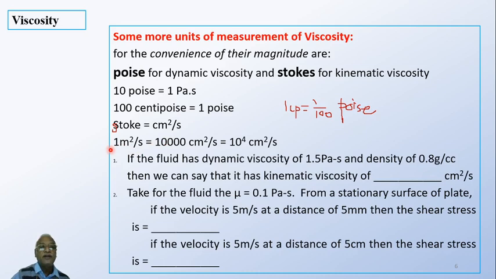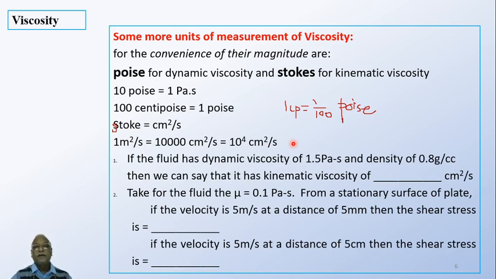So if I calculate 100 centimeters into 100 centimeters, it will be 1 into 10 raised to 4, or 10,000 centimeters square per second, or 10 raised to 4 stokes. So you can just see here, 1 meter square per second will be 10,000 stokes.